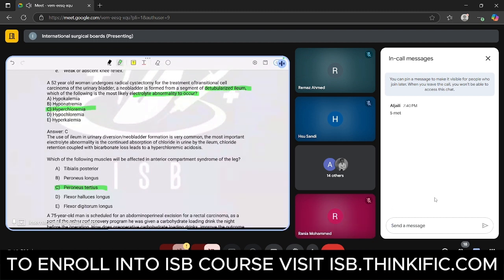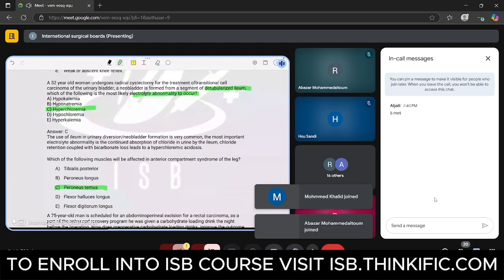What is the usual type of fracture that occurs at the base of the fifth metatarsal? And what's the mechanism of injury? That was my original question that I wanted to ask.